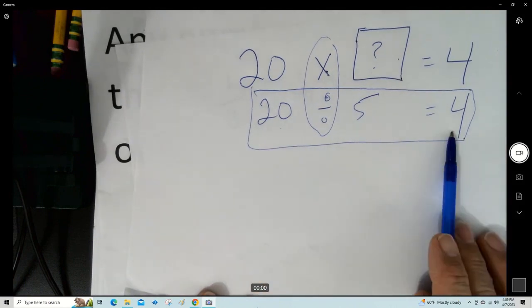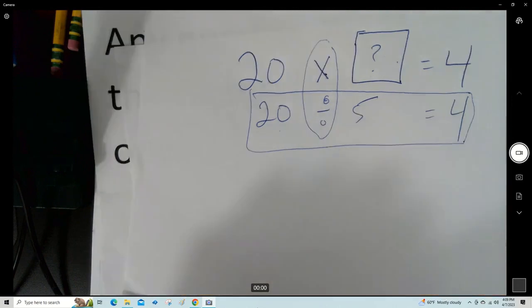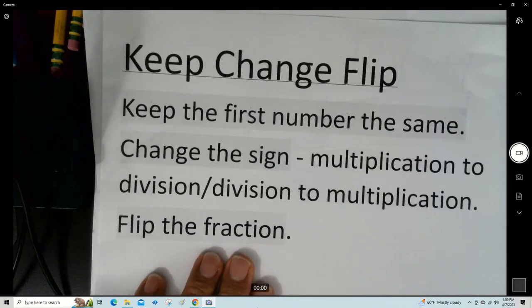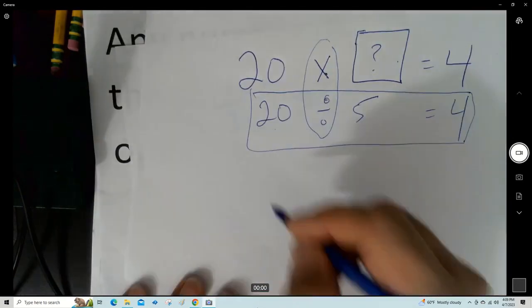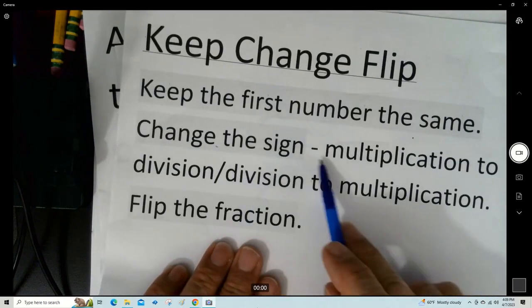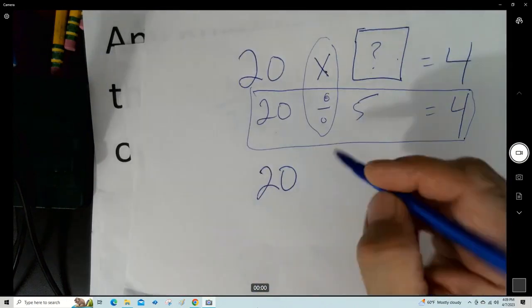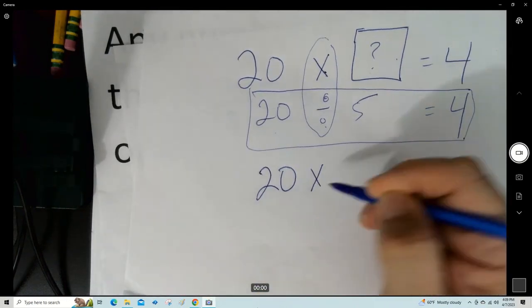Keep, change, flip is how to go from multiplication to division and division to multiplication. So, keep the first number the same. Second, change the sign, multiplication to division or division to multiplication. So we have to change division to multiplication.